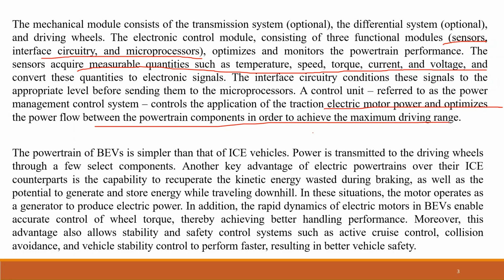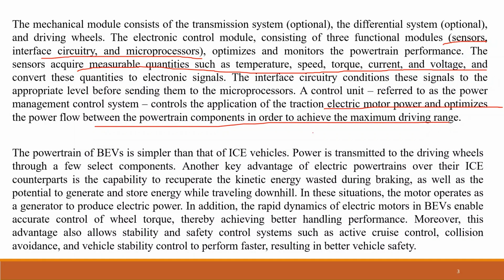Another key advantage of the electric powertrains over their IC counterparts is that they can recuperate the kinetic energy wasted during braking by the process of regenerative braking, as well as they have the potential to generate and store the energy while traveling downhill. In this situation, as we have already discussed, the motor operates as a generator to produce the electric power.